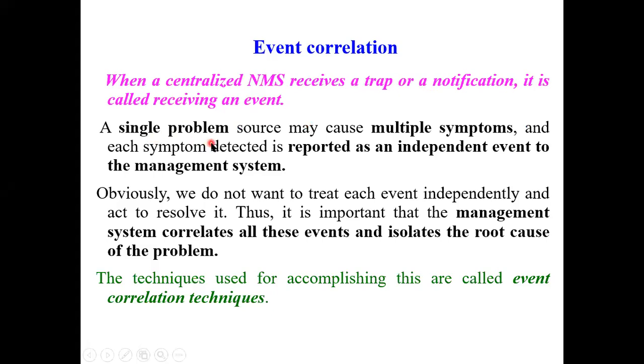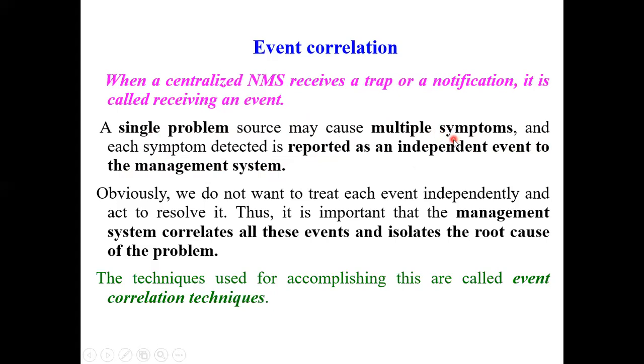Now a single problem has occurred in the network, but it may have multiple symptoms, and each symptom detected is reported as an independent event to the event management system. Suppose a single problem has occurred: one of you made noise, but there are multiple symptoms. What multiple symptoms?